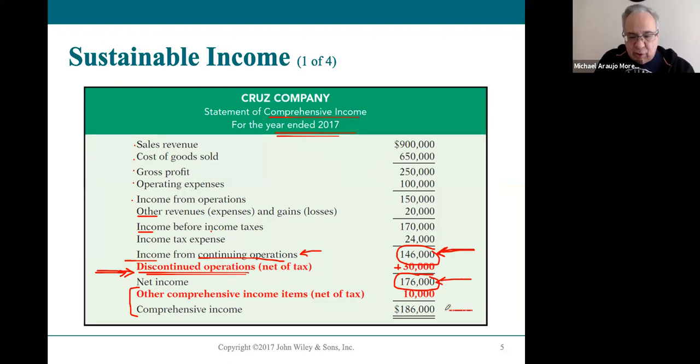Another thing that's going to distort the total profitability of the company is what we call other comprehensive income, which in most cases is simply taking into consideration an unrealized gain or loss. It's not realized, it's not real, it didn't really happen, but you have to show it.